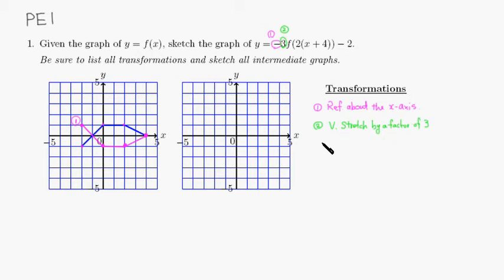What we need to do is multiply everything by 3, so multiply the y value by 3. This is after the first transformation. The y value is 1, so it becomes 3. The y value is negative 1, so multiplied by 3 it becomes negative 3. Here, the y value is negative 1, so it becomes negative 3.